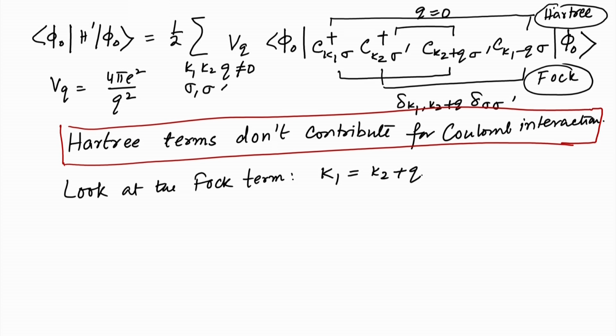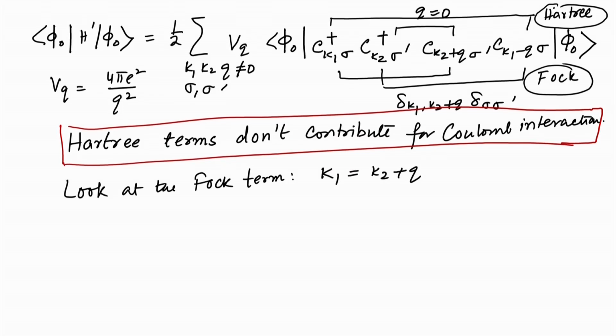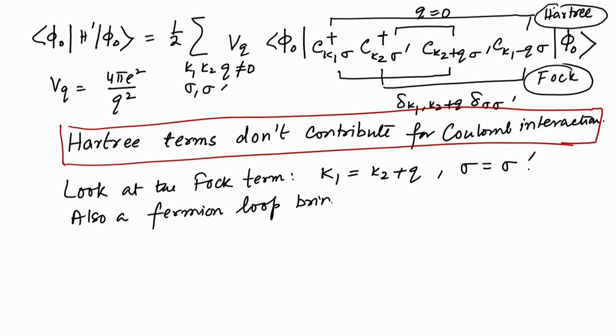Remember, all these k's are vectors, they are wave vectors, but we are writing them without the vector notation. You can put them, but it becomes somewhat messy to write every time with vector, but understand they are vectors. This also demands that sigma equal to sigma prime. There is also a fermion loop that brings a negative sign.